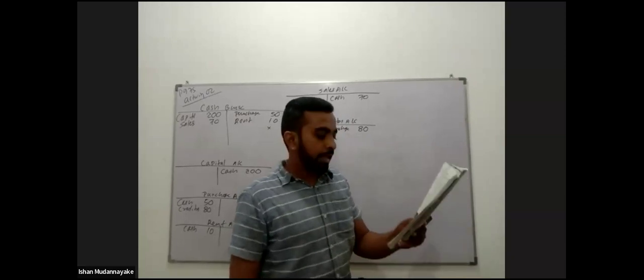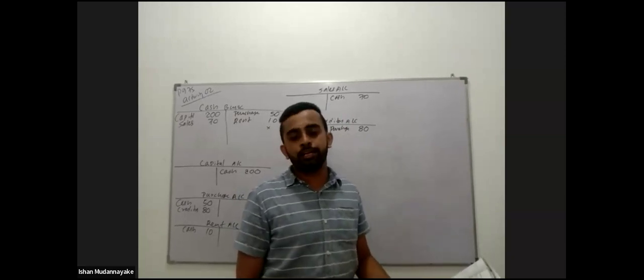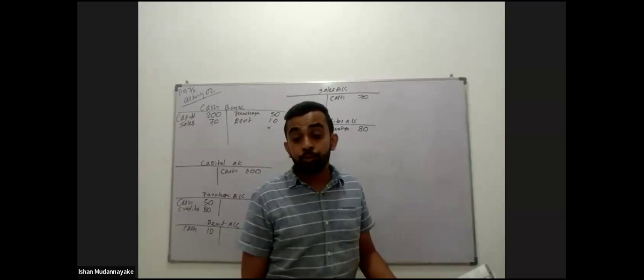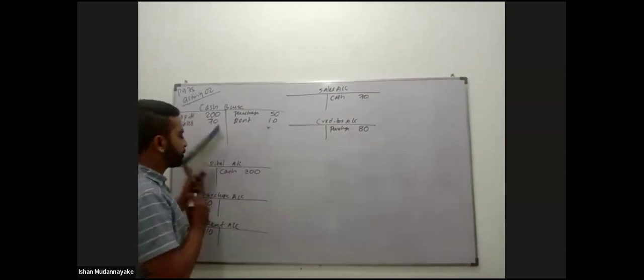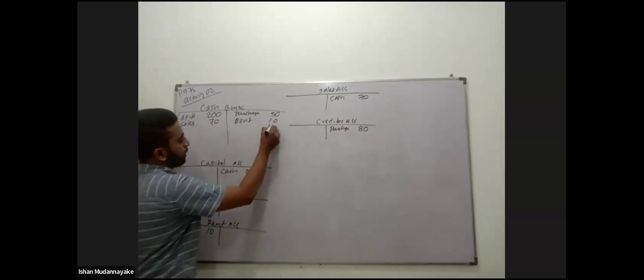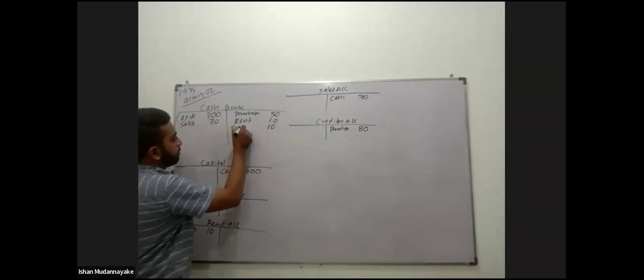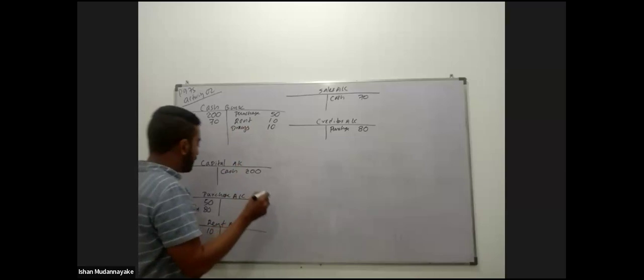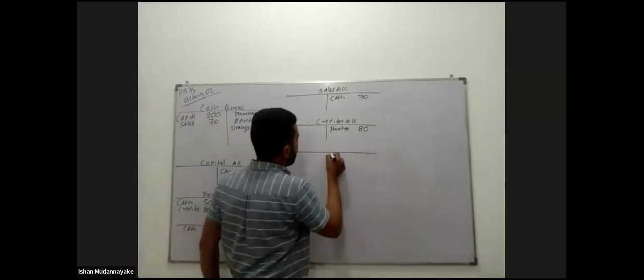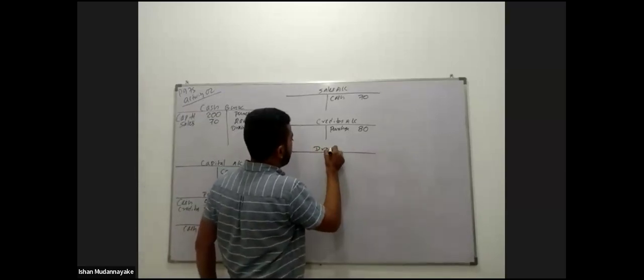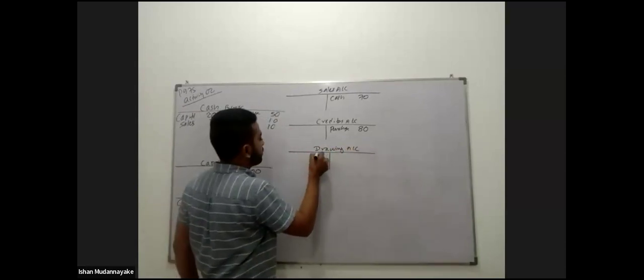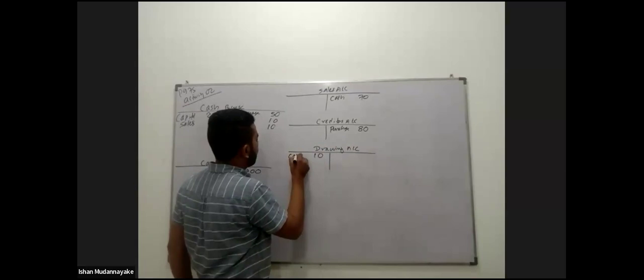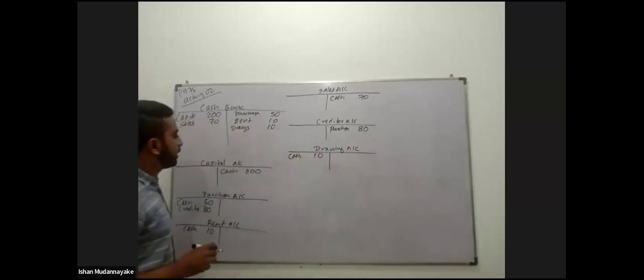Yes. Cash outflow, therefore cash book credit, and then drawings account debit 10,000, cash.